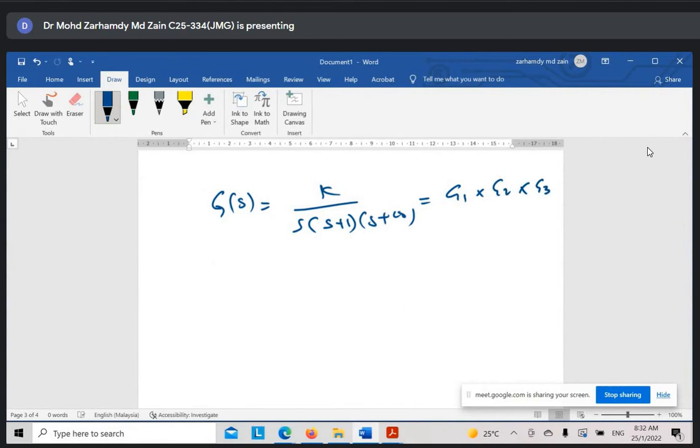Sebenarnya, in this block diagram, you only need to come up with the gain, and also the phase, on the table. How to draw the Bode: you just prepare only 2 columns.